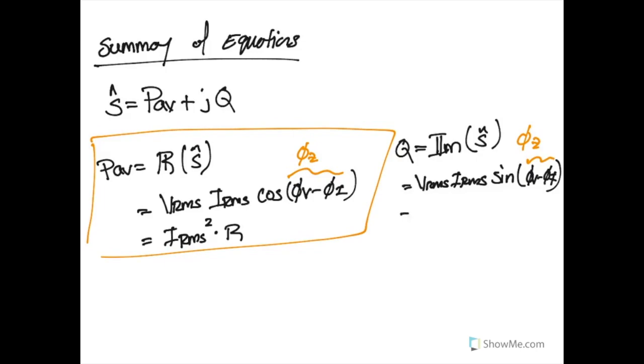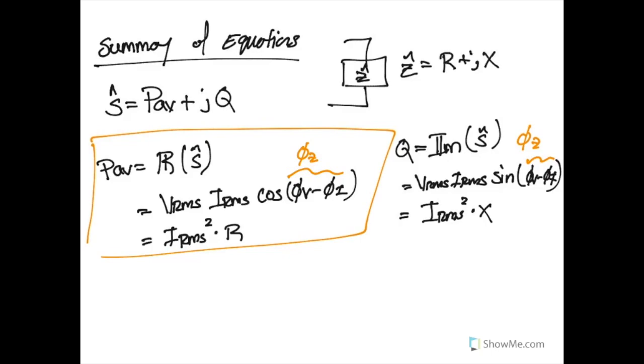This can be equal to IRMS squared times X, where X is the reactive component of some load. So if you have some sort of load that is Z, then that Z load has a real component and also a reactive component.